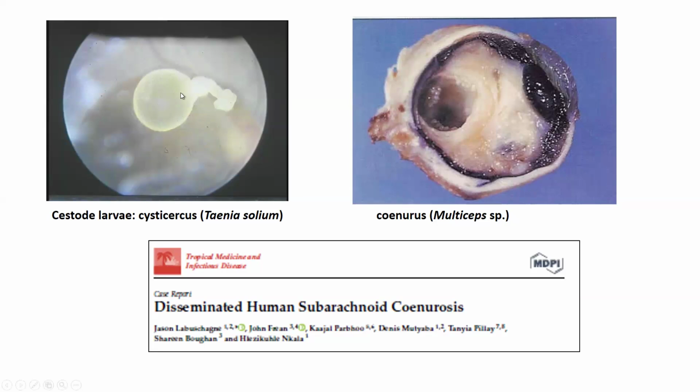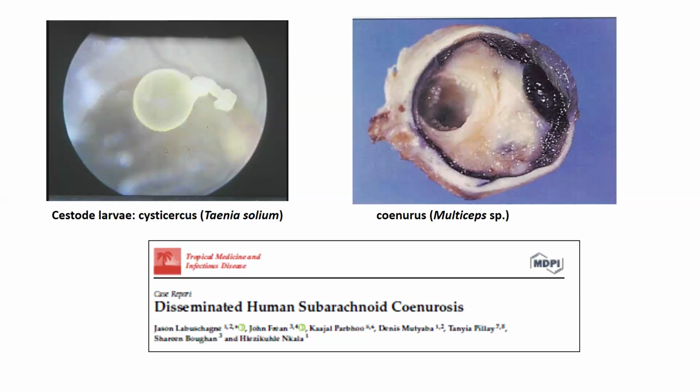In this picture, the cysticercus scolex is actually popped out, but normally it's inverted inside the fluid-filled bladder. Coenurus has multiple scolices on the inside of the cyst, and this is really a parasite of dogs and herbivores, sheep and goats, and humans are accidentally infected.